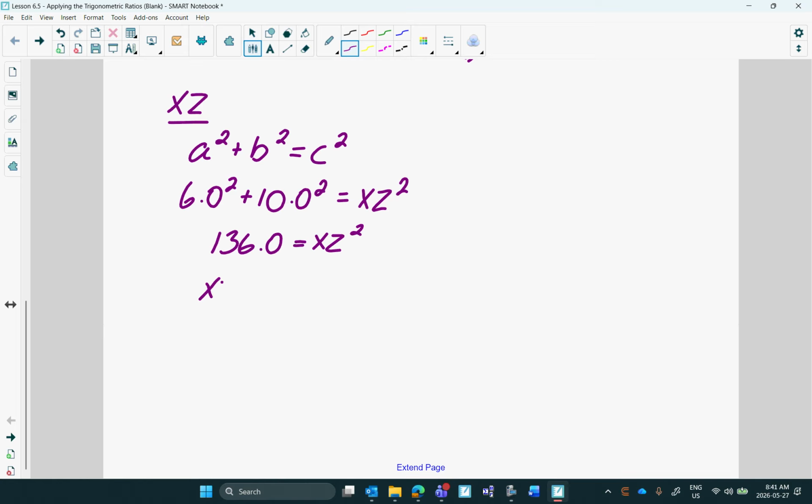How am I going to find just xz? Square root 136.0. And round that to the nearest 10. And if you do it correctly, we should get about 11.7. Don't forget there's units in this one. Centimeters. So we've solved the triangle.